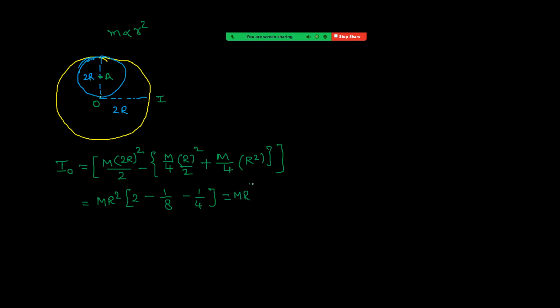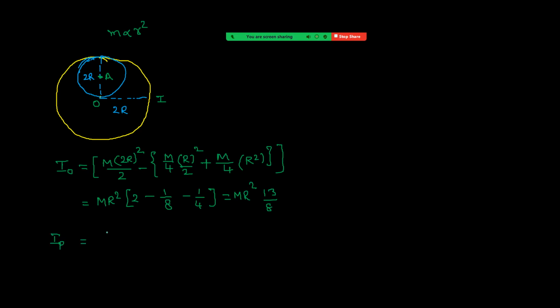So M R square, 1 by 8. This is now 2 by 8, right? So 2 minus 3 by 8. Okay. This value becomes how much? 13 by 8.